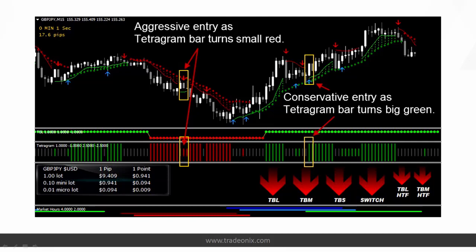And now with a conservative signal, the switch has turned back underneath the price, turned blue, pointing up. The TBS is back underneath the price, and the TBM also is back underneath the price. All the non-TBL indicators are headed in the right direction. It now confirms that the trend is back.